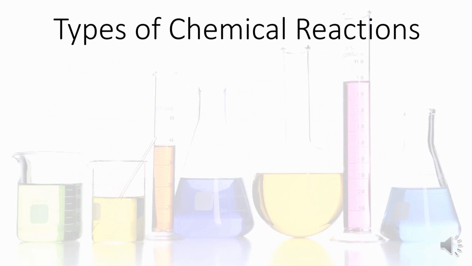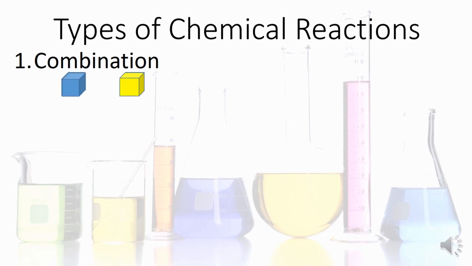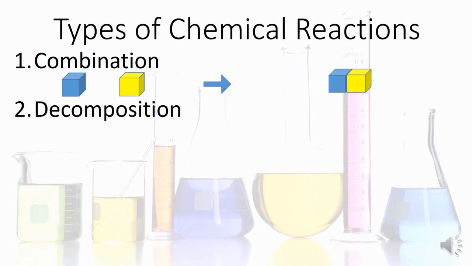So let us summarize all the different types of chemical reactions. Combination reaction: two reactants combine to form one product. Decomposition: one reactant breaks up to form two products.